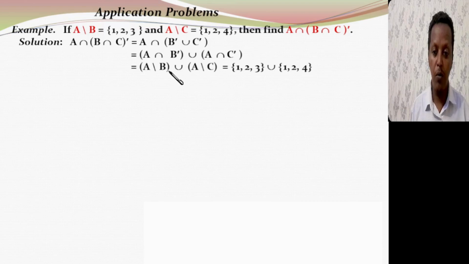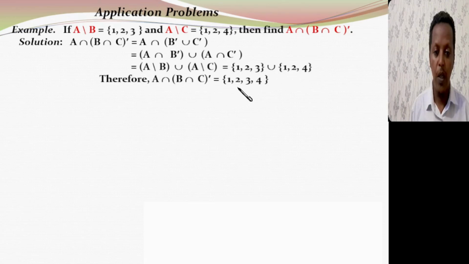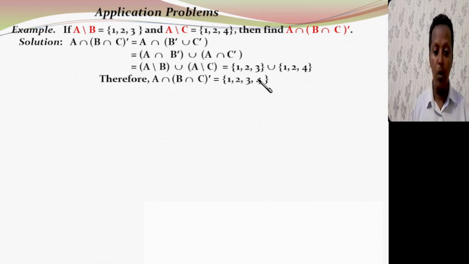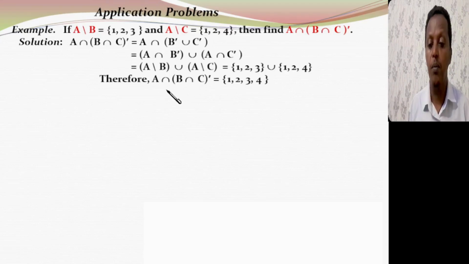The union of these two sets gives us the elements in A intersection (B intersection C) complement. So the union is 1, 2, 3, 4. When you apply De Morgan's rule and the properties of intersection and union, you can easily solve the problem.